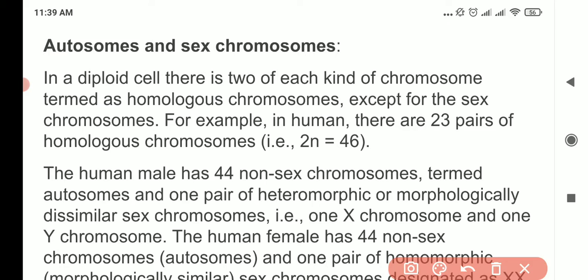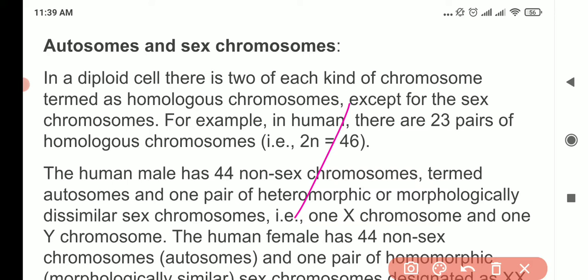So in a diploid cell, there are two types of chromosomes known as homologous chromosomes, except for the sex chromosomes, which are non-homologous. So we have 23 pairs of homologous chromosomes.